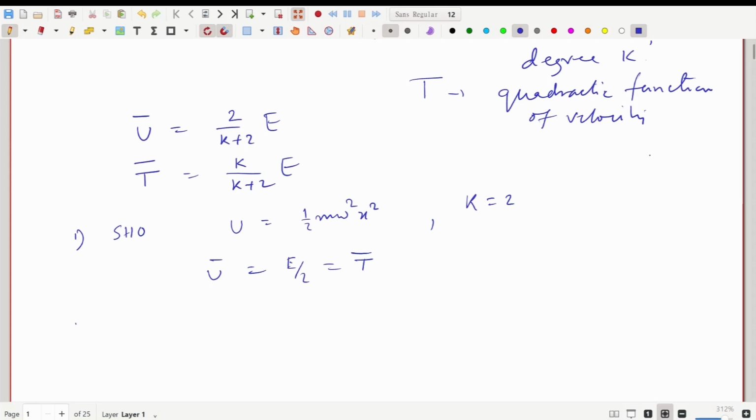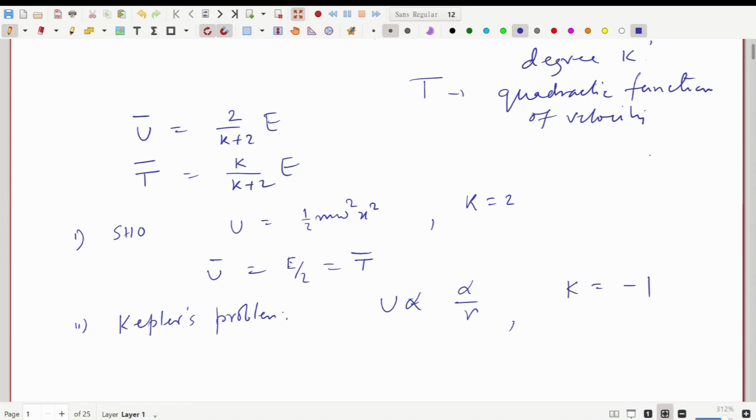Then we discussed Kepler's problem, where the potential is proportional to alpha by r. So k equals minus 1.